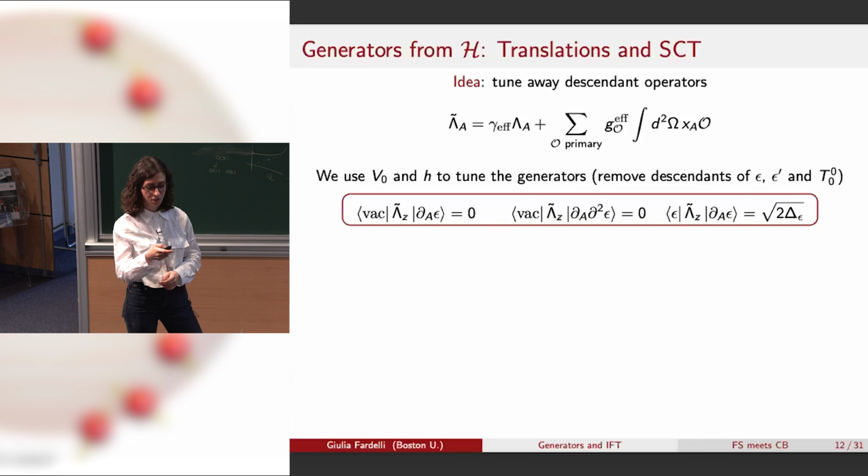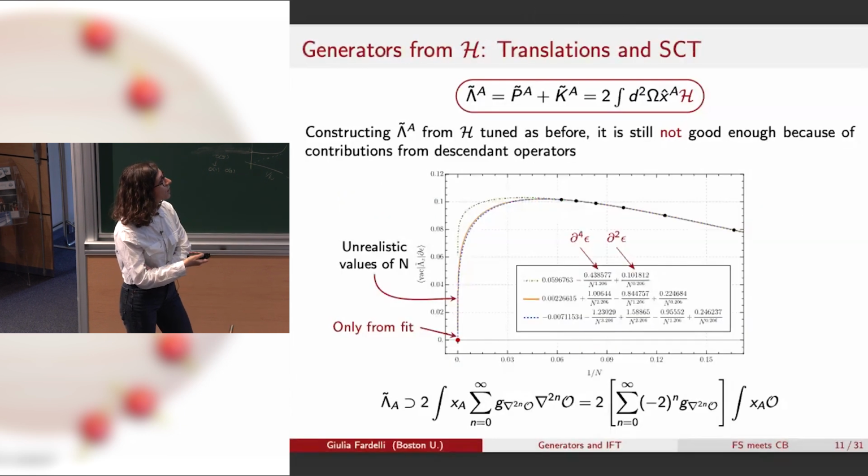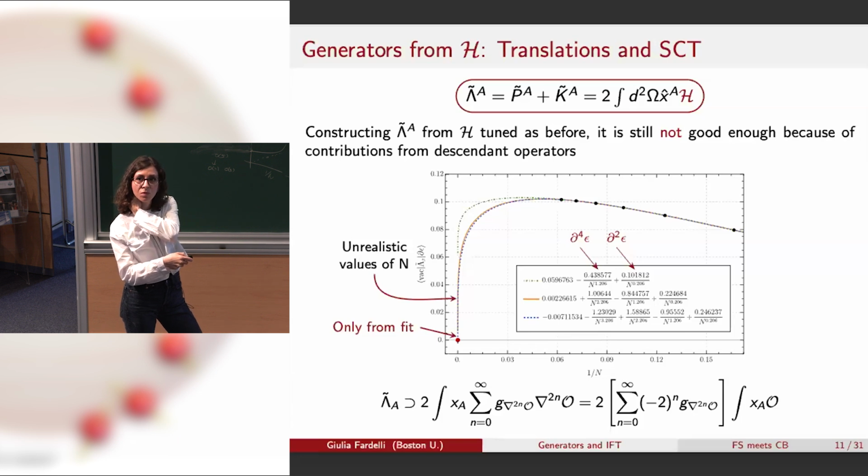Right? Giulia, why don't you show the slide where you showed the descendants? Yeah. So the point is this slide here: in the Hamiltonian density there's an infinite sum, not just over primaries but over descendants. And in the last line on the slide, you see, consider any descendant inside the Hamiltonian density. You can integrate by parts, and it gives exactly the same contribution as the primary, but with a modified coefficient.